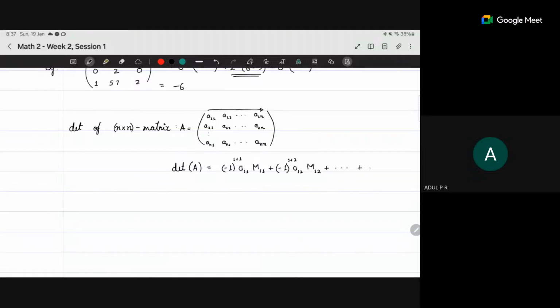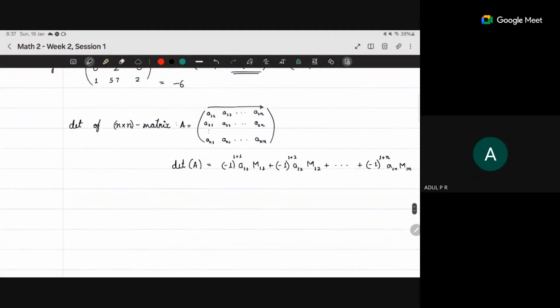Plus so on up until the last one, minus 1 to the power 1 plus n, because I'm working with the last entry, A1n, M1n, right? Now, but what is M11? M11 itself is the determinant of a matrix which is of order n minus 1.